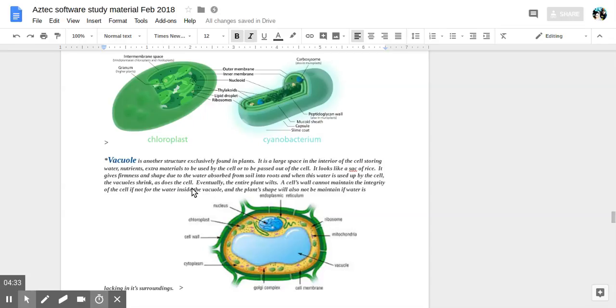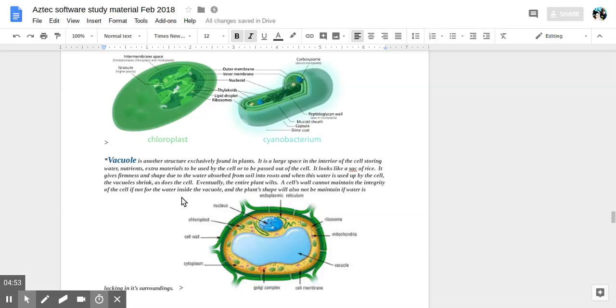It looks like a sack of rice. It gives firmness and shape due to the water absorbed from soil into roots, and when this water is used up by the cell, the vacuoles shrink, as does the cell.